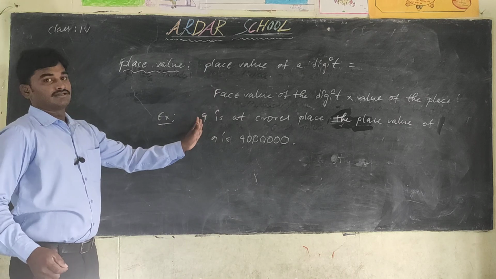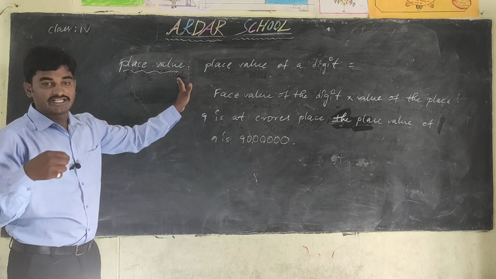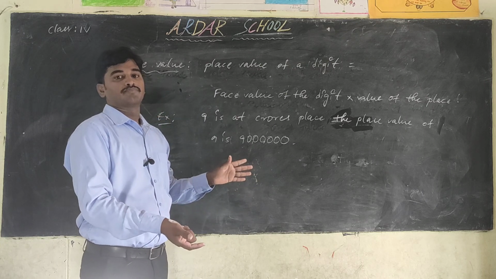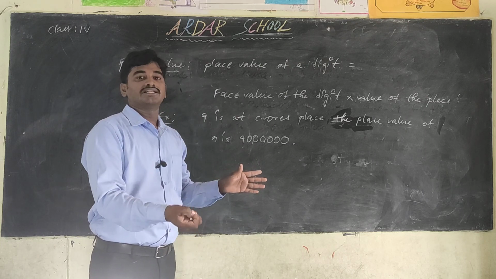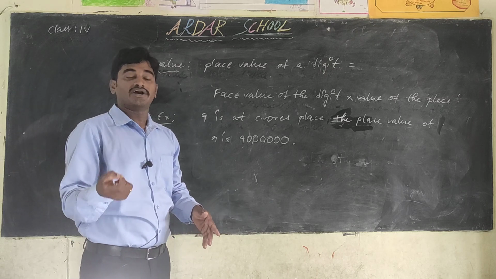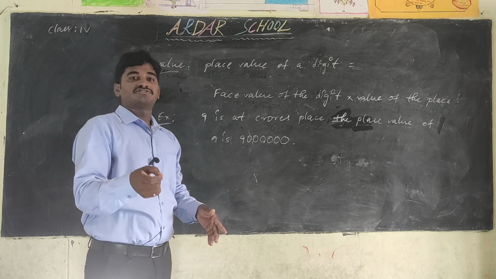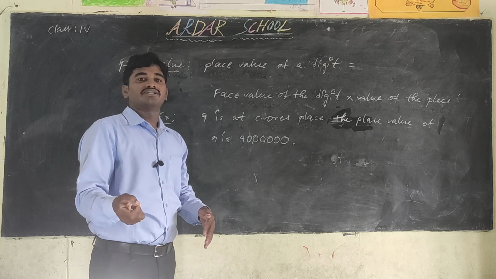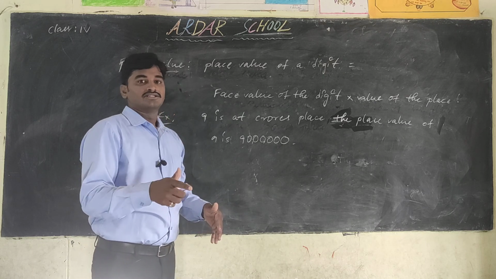If 5 is in lakhs place, the place value of 5 is 5 lakhs. If 7 is in 10 lakhs place, the place value of 7 is 70 lakhs.